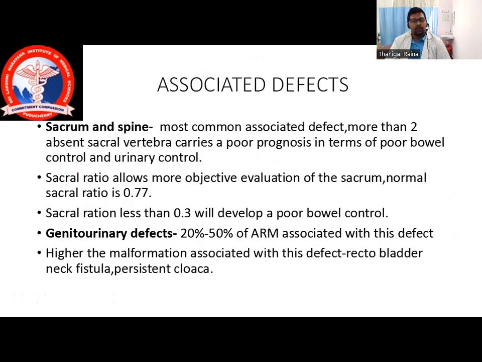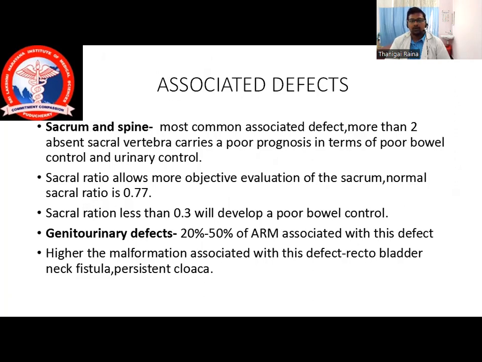So moving on to the associated defects, as I told earlier in the introduction part, 70% of the babies will have associated defects. This associated defect will decide the prognosis of the baby, survival of the baby. So coming to sacrum and spine, the most commonly associated defect is more than two absent sacral vertebrae, which carries a poor prognosis in terms of poor bowel control and urinary control.